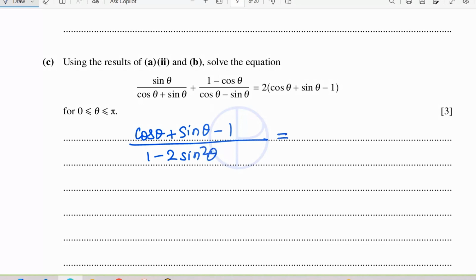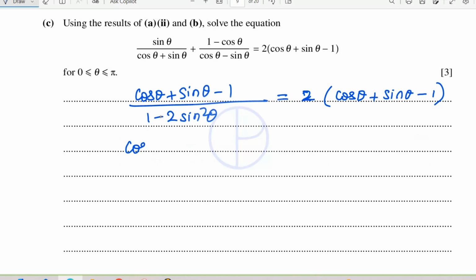And this expression is equal to 2 multiplied by cos theta plus sin theta minus 1. Cos theta plus sin theta minus 1 is equal to 2 times 1 minus 2 sine square theta multiplied by cos theta plus sin theta minus 1.